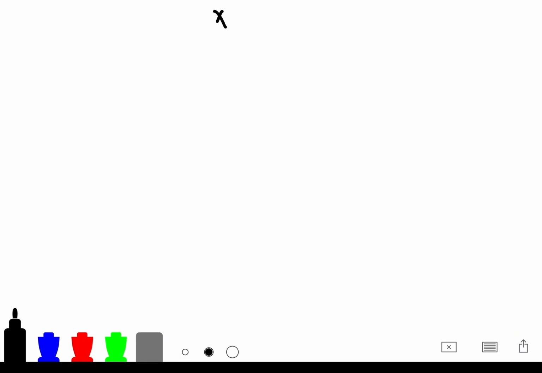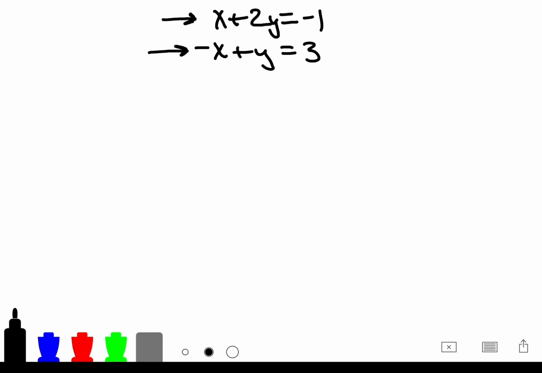Given that you have a positive x here and a negative x here in two different equations, you can add the two equations up. That's crazy, but that's how math works. If you just add the two equations up, you can cancel out the variable x.